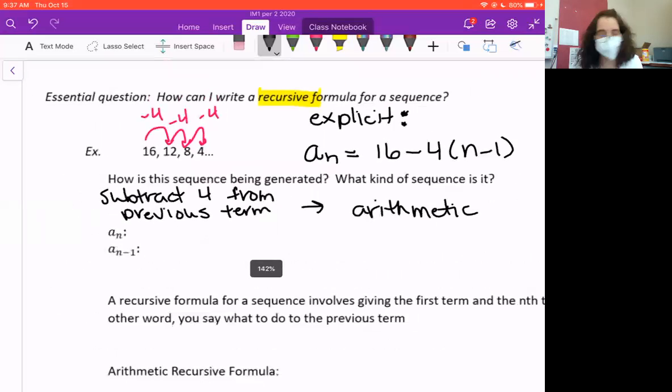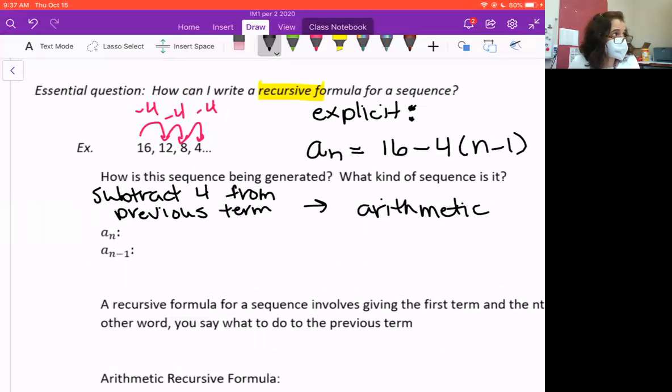A recursive formula is a little different. So first off, notation. A sub n. We already seen this. This is the nth term. So a sub n just refers to the nth term. A sub n minus 1. Well, that's one term less than that.